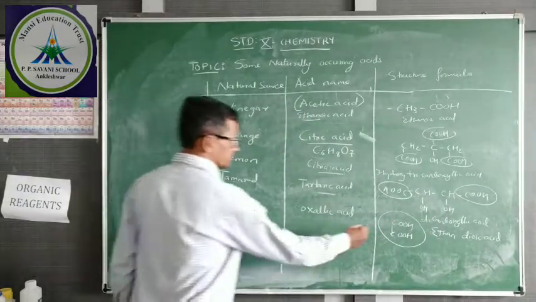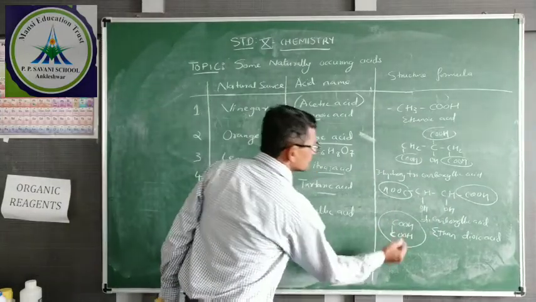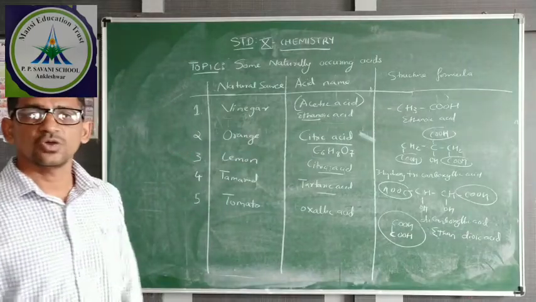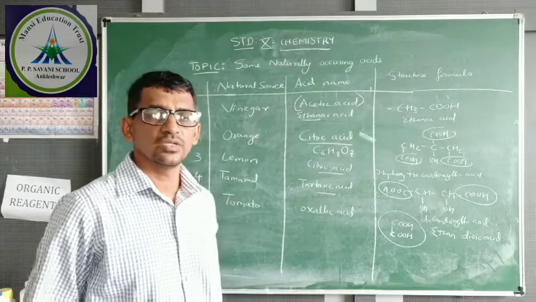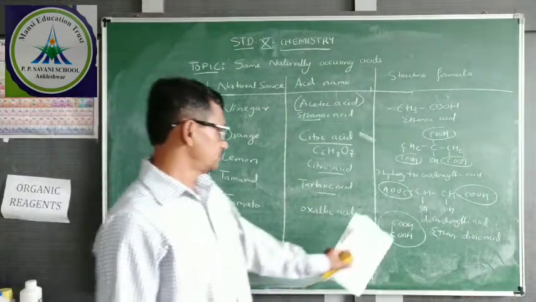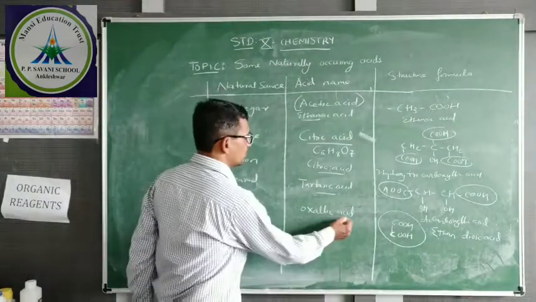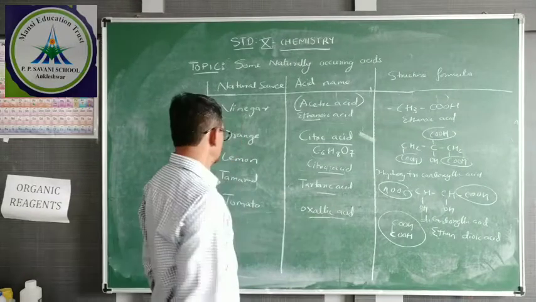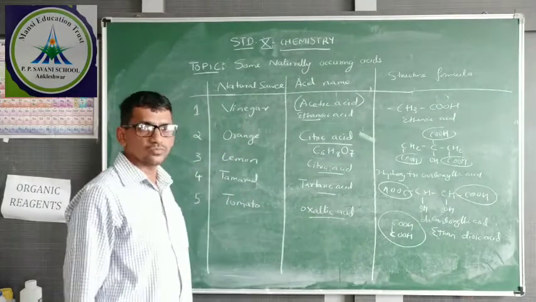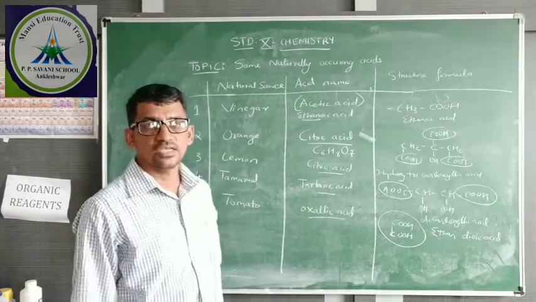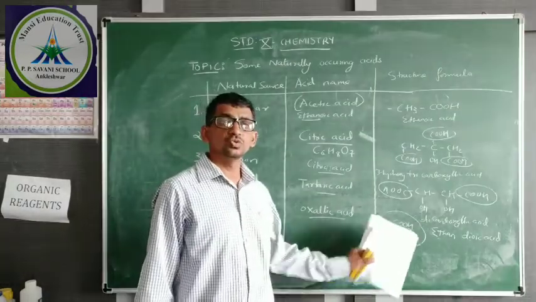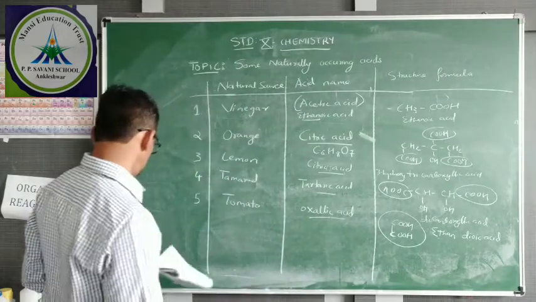COOH directly linked. So it is ethane dioic acid, 2 carbon, so ethane, and both carbons are acid groups, so it is dioic acid. Remember the common name, that is oxalic acid. So if you eat tomato, the sour taste is because of this oxalic acid. Okay, and it contains 2 COOH, dioic acid.